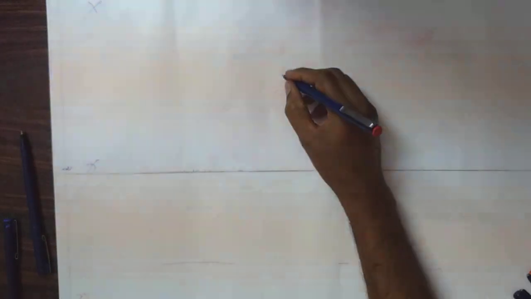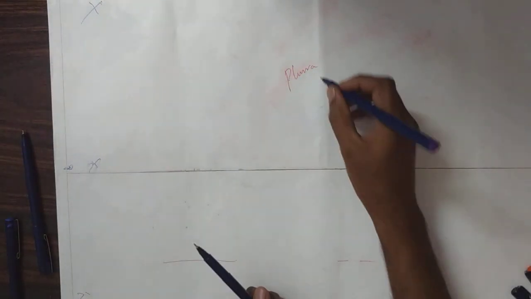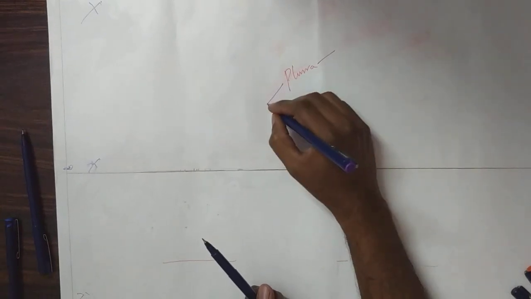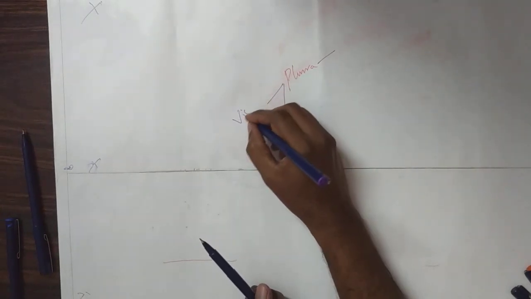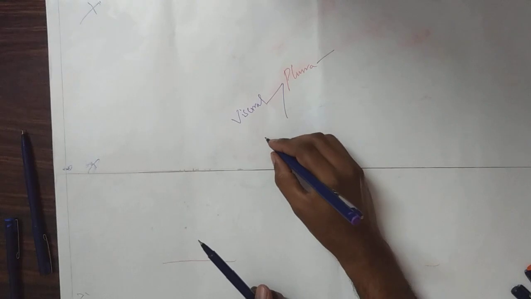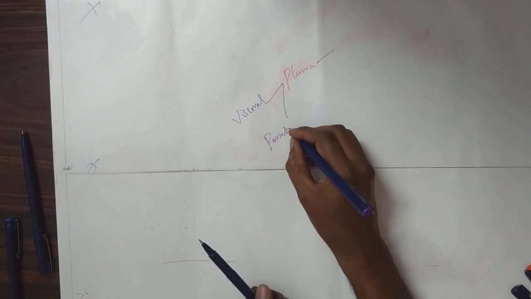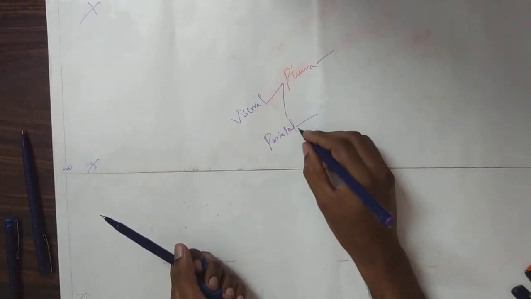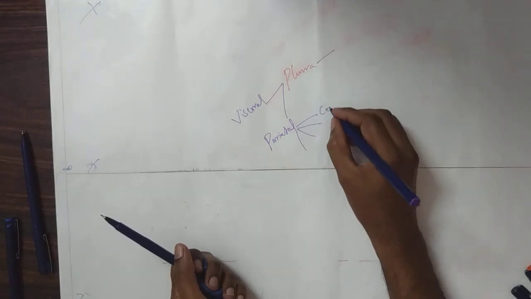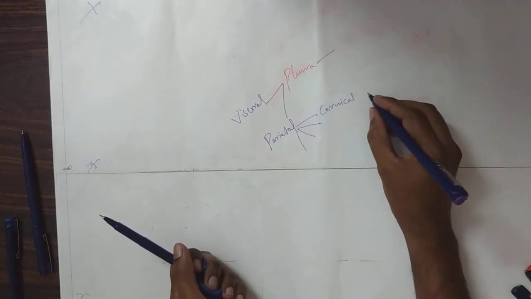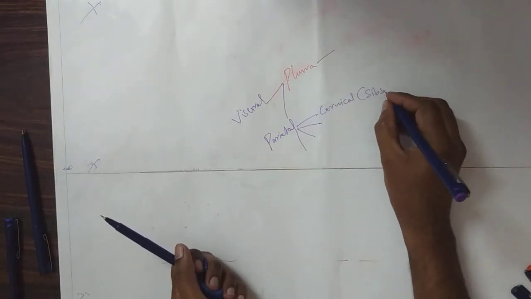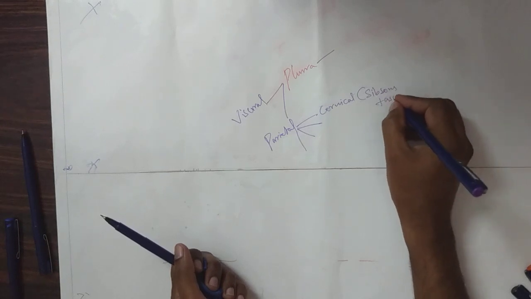Then just revising all this. Pleura has two layers. What are the two layers? Visceral, close to the lungs, and parietal, close to the thoracic wall. Parietal is again four parts. Cervical, also called Simpson's fascia.